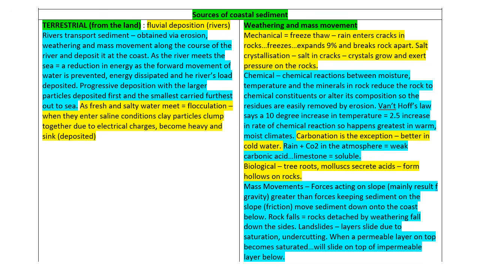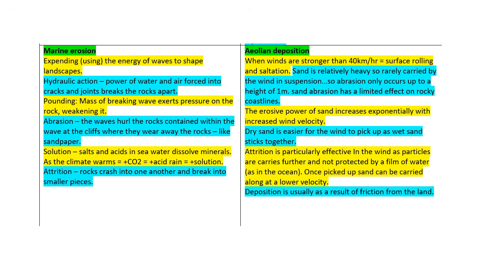Same thing where you've got an impermeable rock with a permeable layer on top of it. That permeable layer becomes saturated and full of water and heavy. It will slide down on top of the impermeable layer below, causing a landslide. We have a rotational slump, where as the material comes down the slope, it rotates round at the bottom.